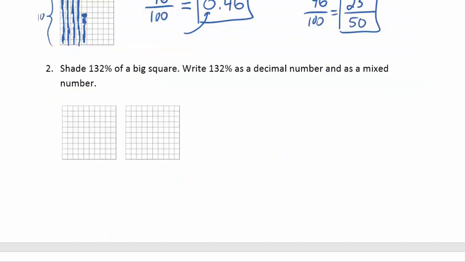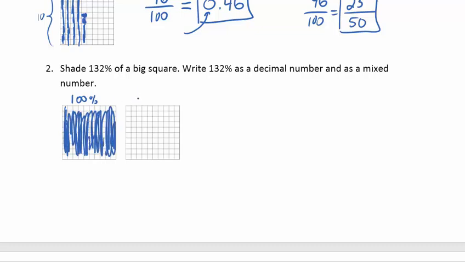Asked to shade 132% of the big square, and then write 132% as a decimal and also as a mixed number. Well, 100%, remember, means the whole thing. So if I were to shade 100% of this, that whole thing would be shaded. Notice, to shade 132%, we're going to need more than one whole object. So just starting out, there's 100%.